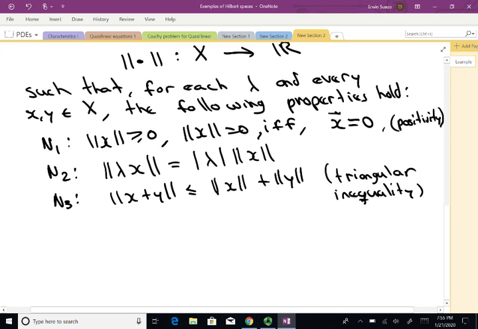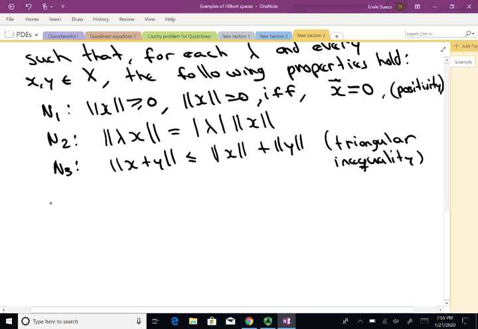Okay, and the last step is that a norm induces a distance. So this is a normed space, but you can define a distance. A norm induces a distance between two vectors.